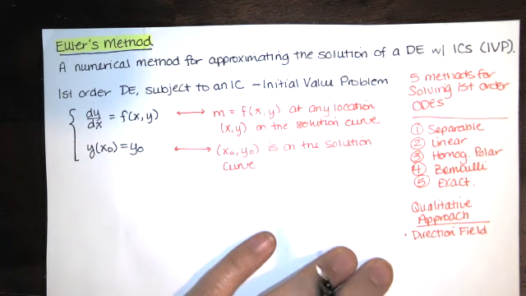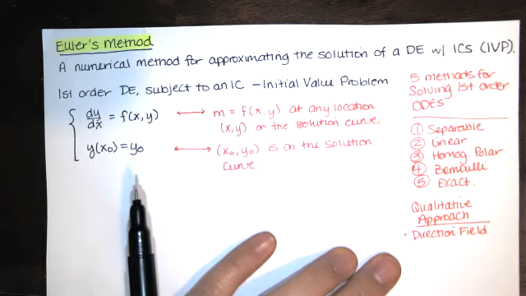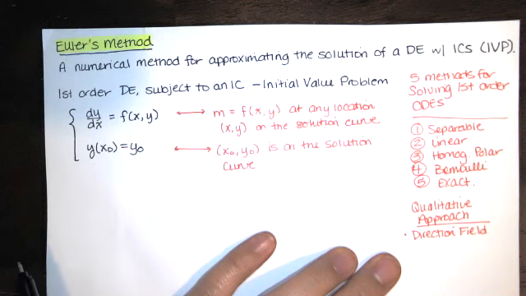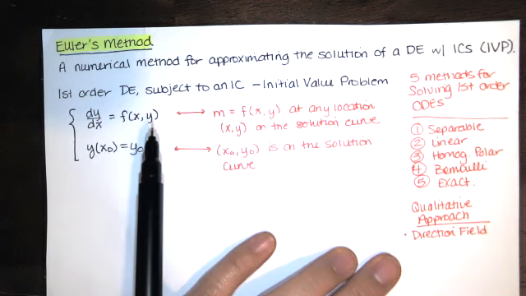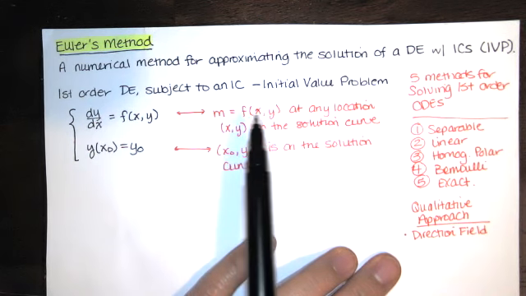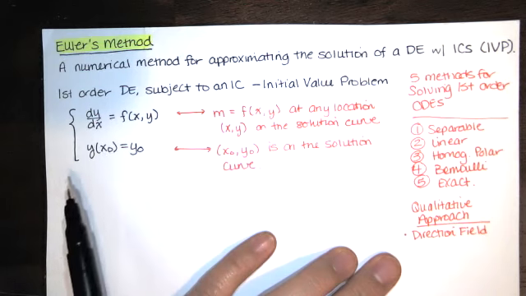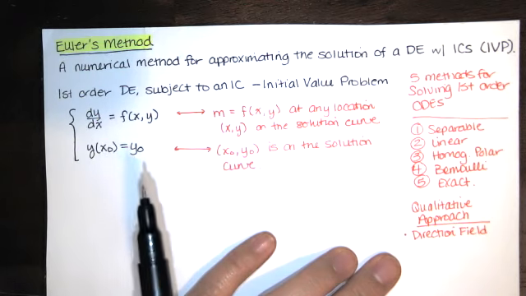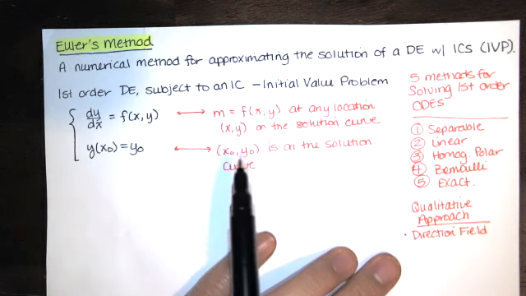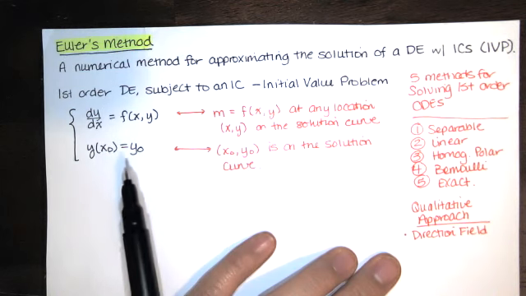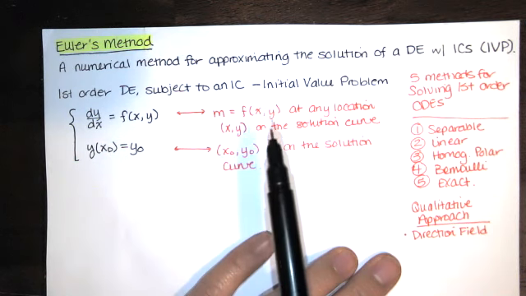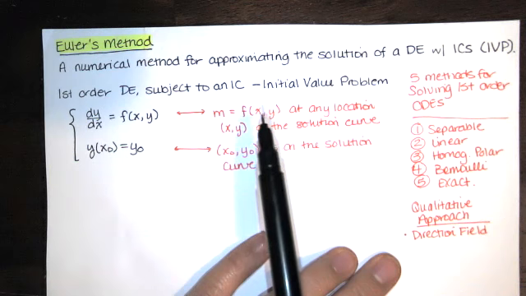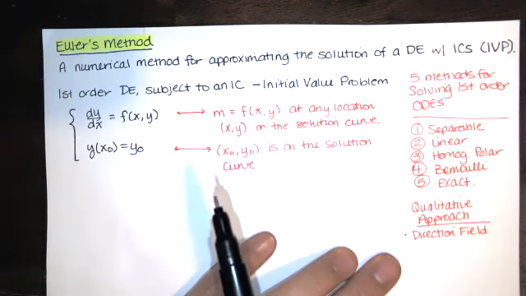Now, not every point x, y in the xy plane is on the solution curve to the differential equation. But if we have the slope at every point x, y given by this function on the right-hand side, and we know that the solution curve passes through this point, x naught, y naught, because we have this initial condition, then when we're at this location, we know the curve has the slope given by f of x naught, y naught.